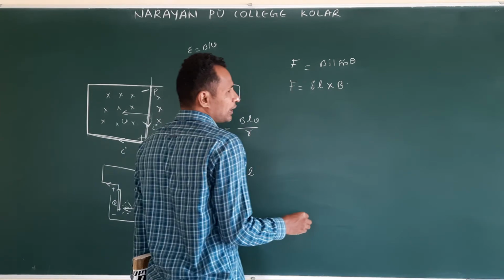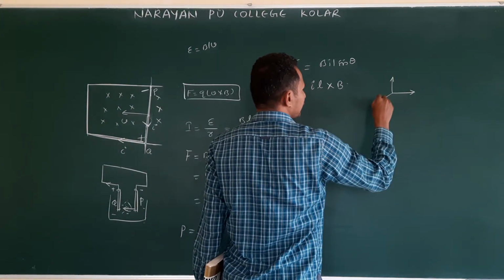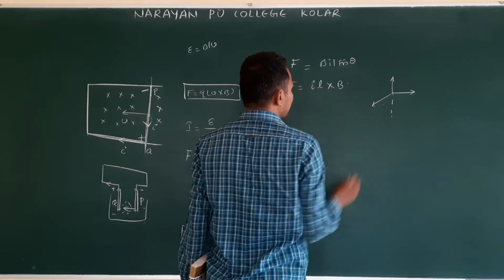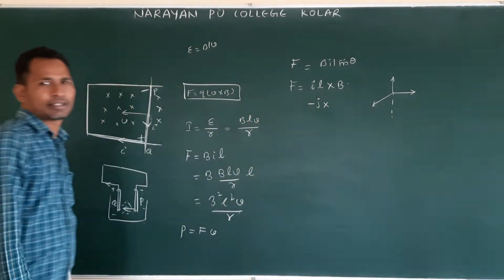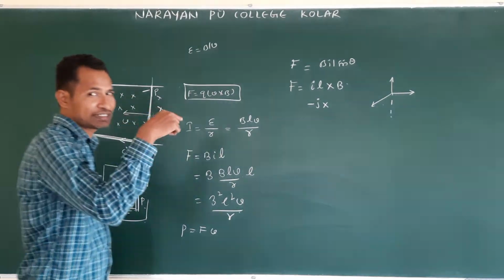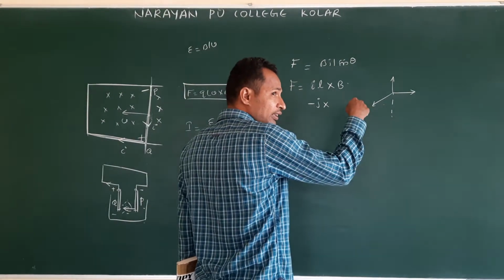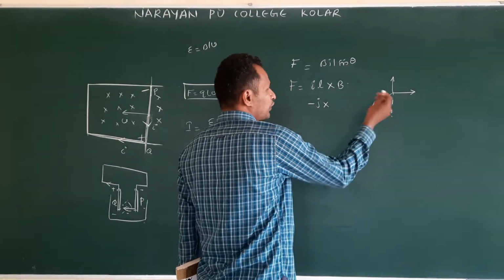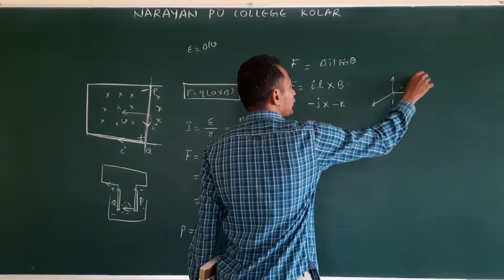If we take coordinates like this, downwards means like this, this is minus j cross. Clear? B is acting into the board. Into the board means the z axis, the negative z axis, into the board. Out of the board is the positive z axis. That is minus k. Is this clear?